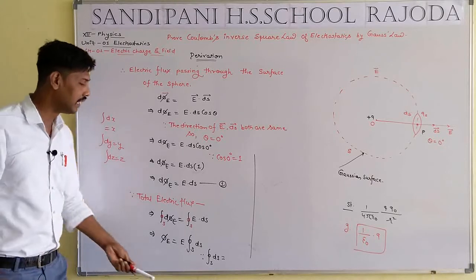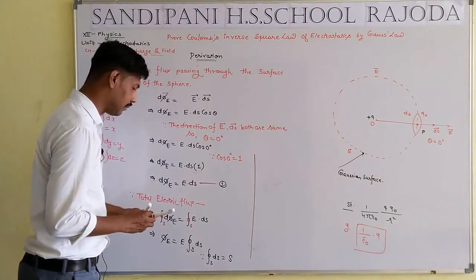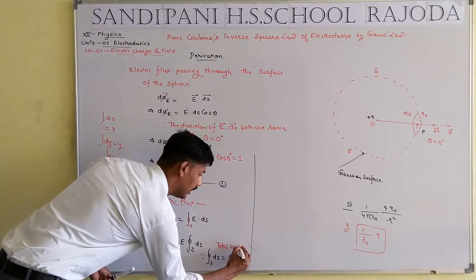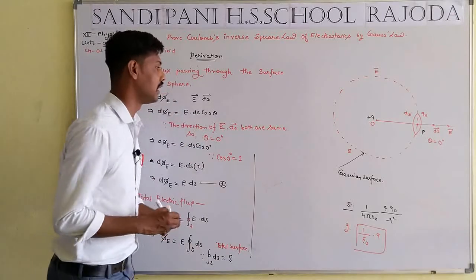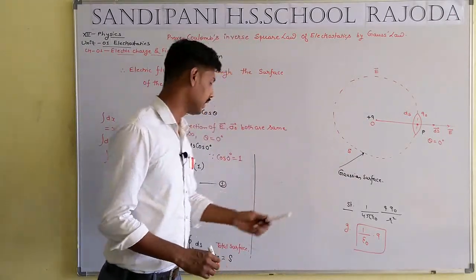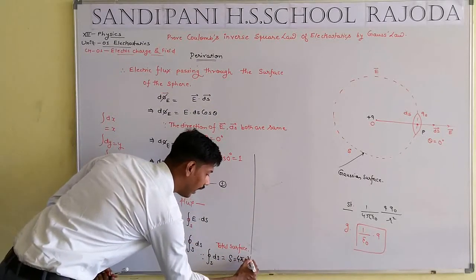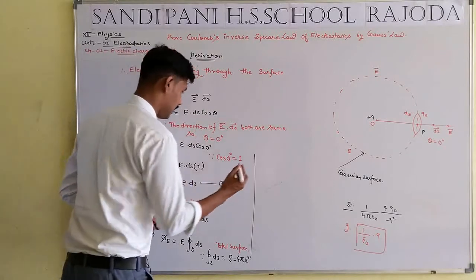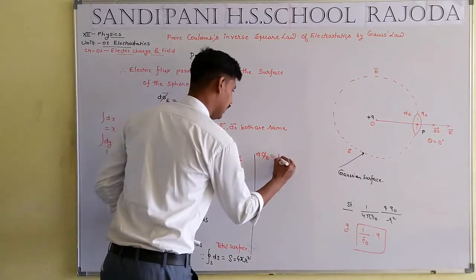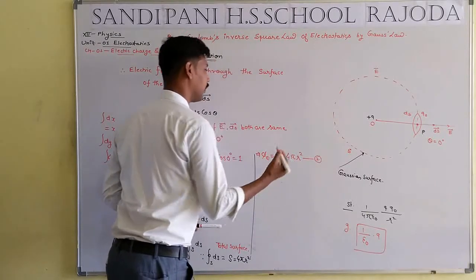That means integration ds will be equal to s. S means the total surface of the Gaussian surface, known as a spherical shell, and the total surface of a sphere is equal to 4 pi r square, such that phi E will be equal to E into 4 pi r square, equation number 2.